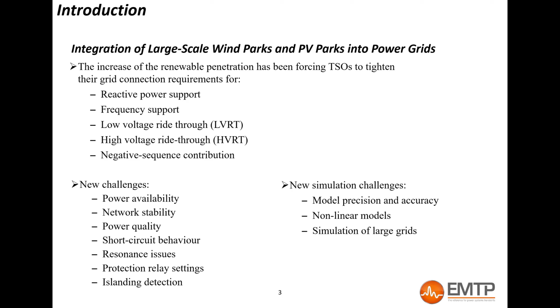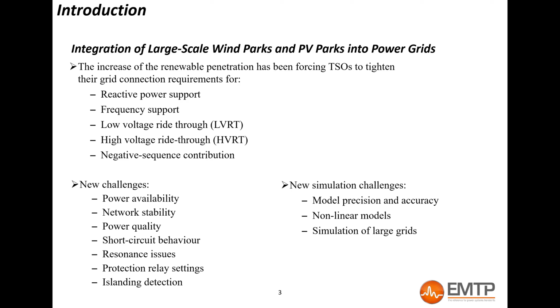Network stability is also a big challenge, as those inverter-based devices have a completely different dynamic compared to the synchronous generator. Power quality is also a challenge, as inverter-based devices inject harmonics in the grid that must be filtered to have a good power quality. Flickering can also be a problem.